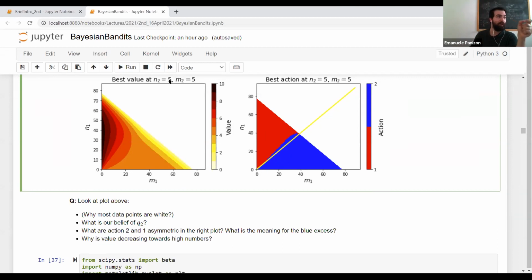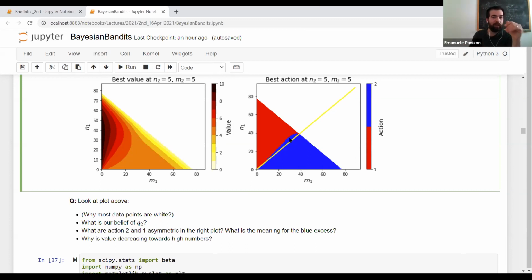Since I have equal N2 and M2, my maximum probability in the space of Q2 is at 0.5, and that corresponds to the yellow line. So if I am above it, my current maximum probability in the belief of arm 1 is actually better than the maximum probability of belief in arm 2.